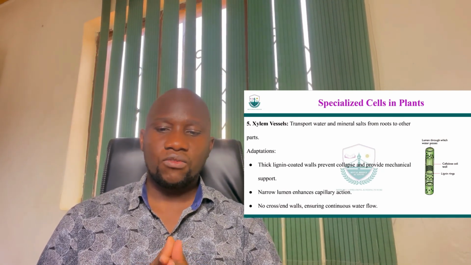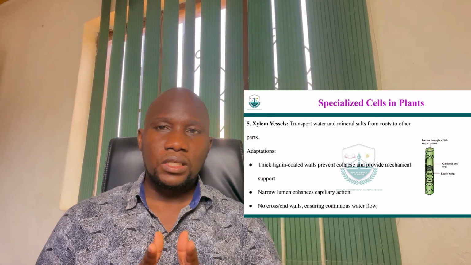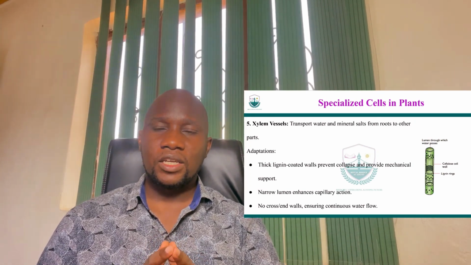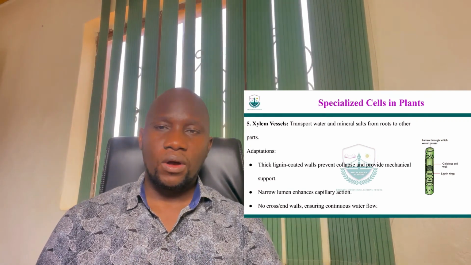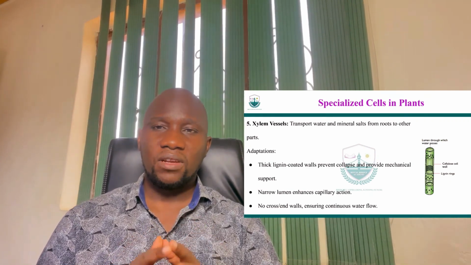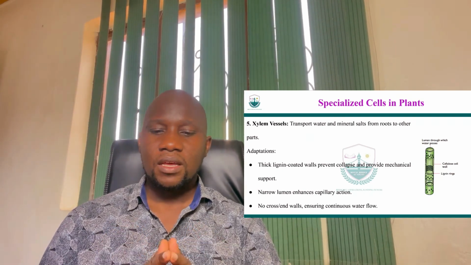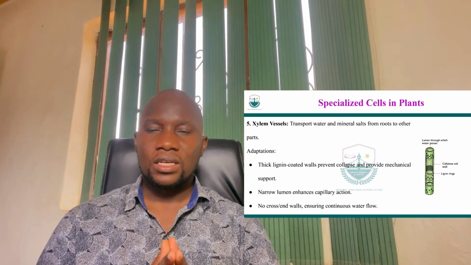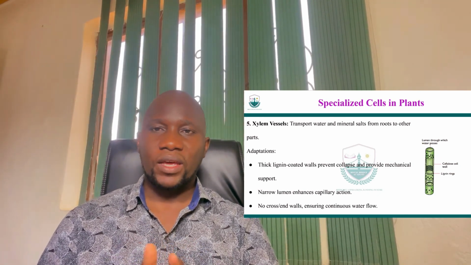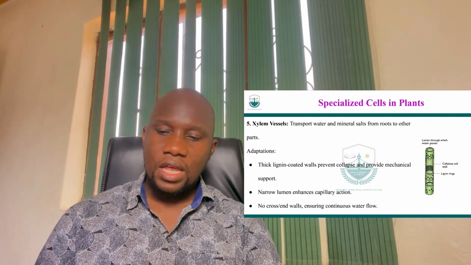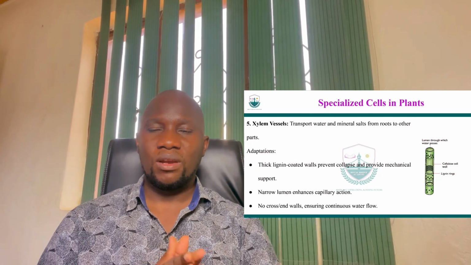Xylem vessels are also very important. They are also transport tissues, and they transport water and mineral salts. They have lignin, which is a substance that provides the support that is needed for the movement of water to happen. They have a narrow lumen, that is, the opening inside is what we call a lumen.